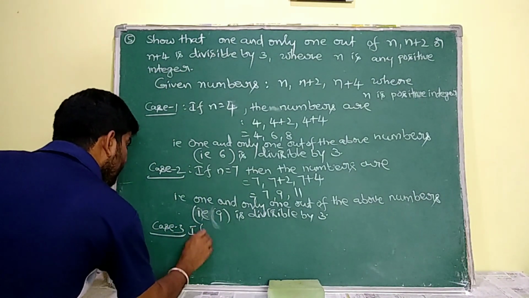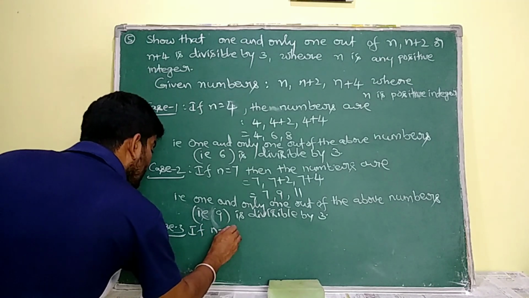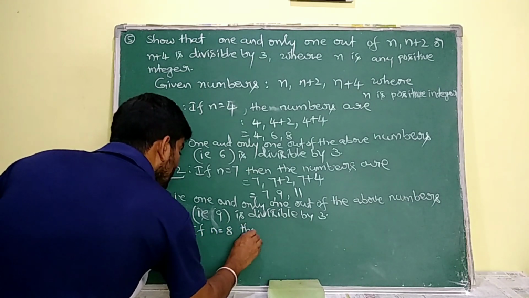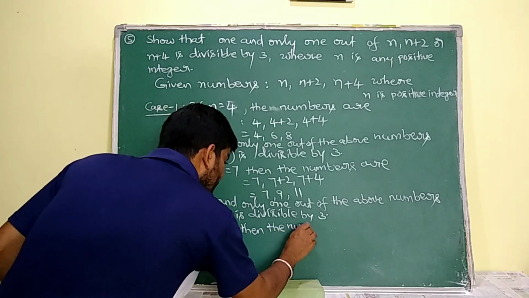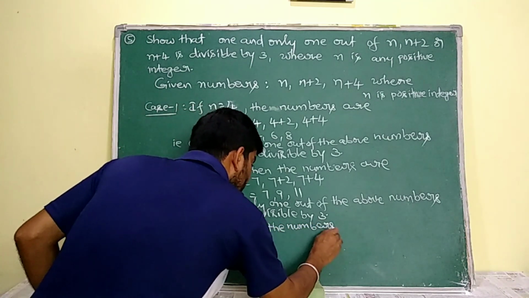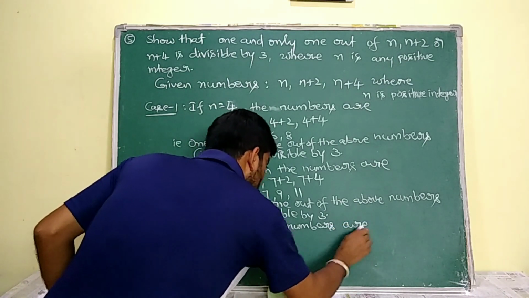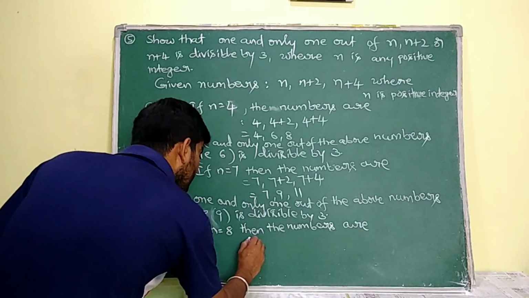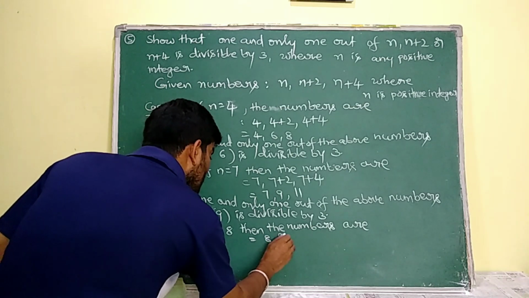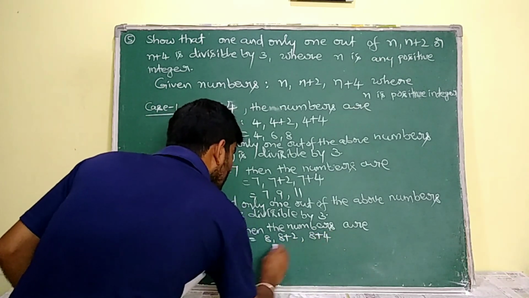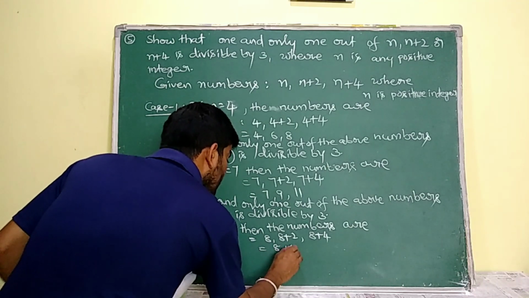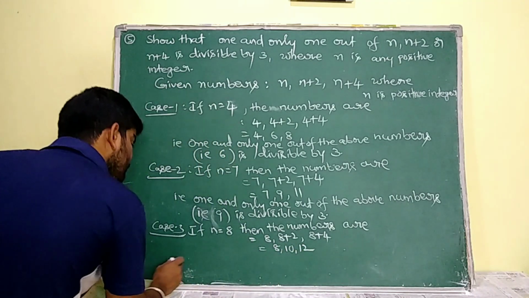Similarly case 3. If n is equal to 8, then the numbers are, tell me what are those numbers? 8, 8 plus 2, 8 plus 4, that is equal to 8, 10, 12.